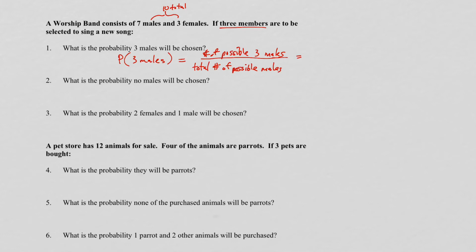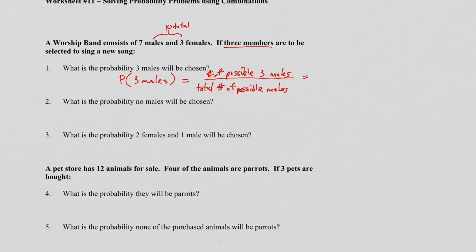All right, so let's start with the bottom. How many total are there? Total male and female, 10. But we're interested in males. So how many total males are there?